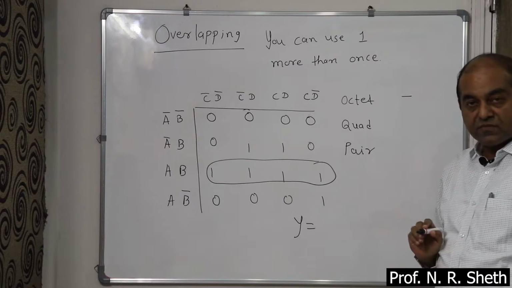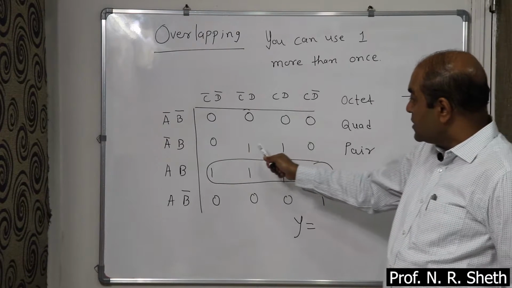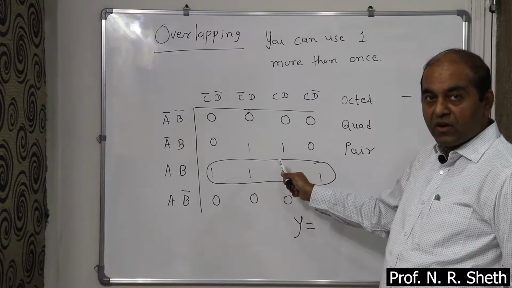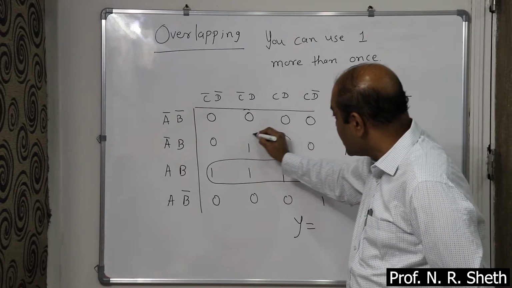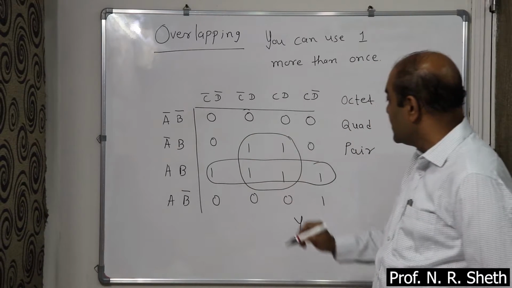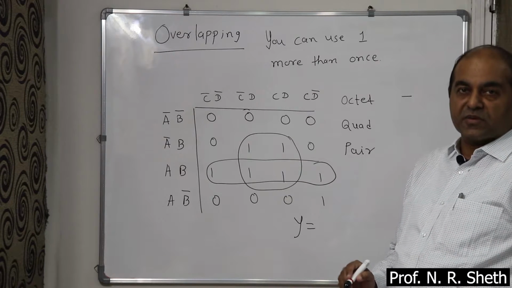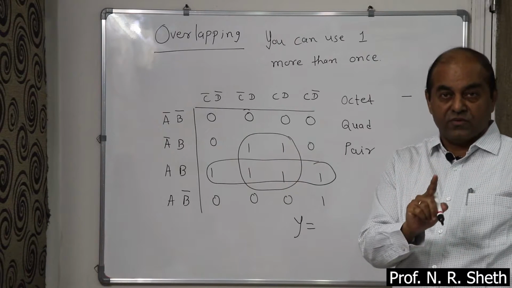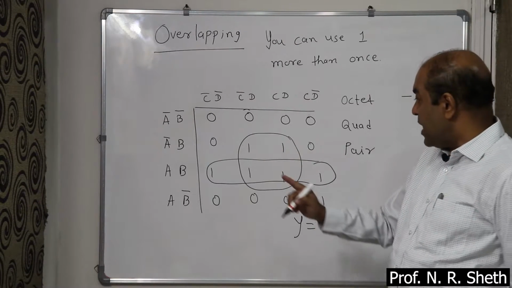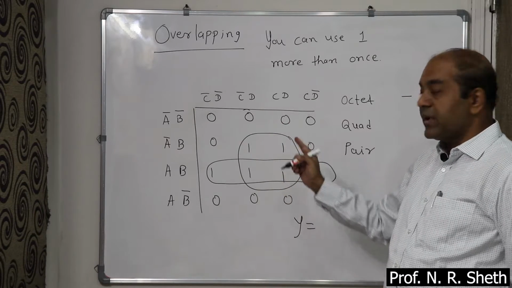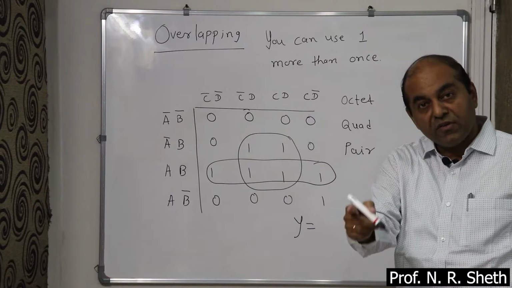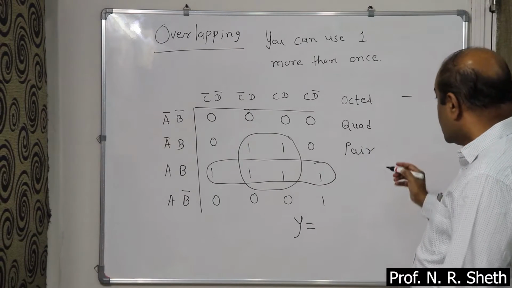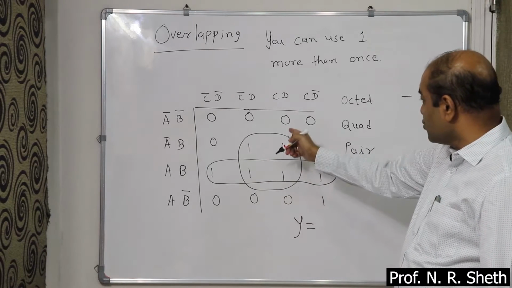This is the first one. Now do these 2 make a pair? No. By using this, a group of 4 ones is possible. So this is the point you have to be careful about. By using these 2 ones, in place of a pair, you can prepare a quad, and your target is to prepare the larger groups. So 1 and 2 quads are there.